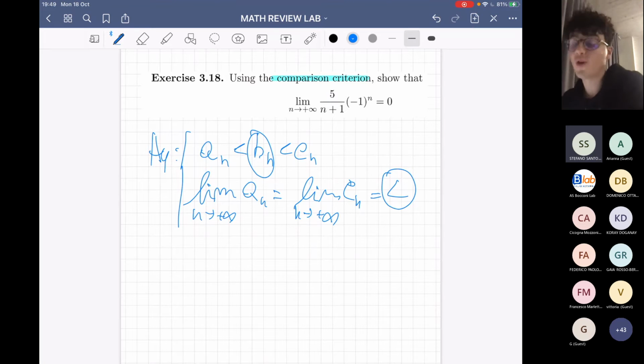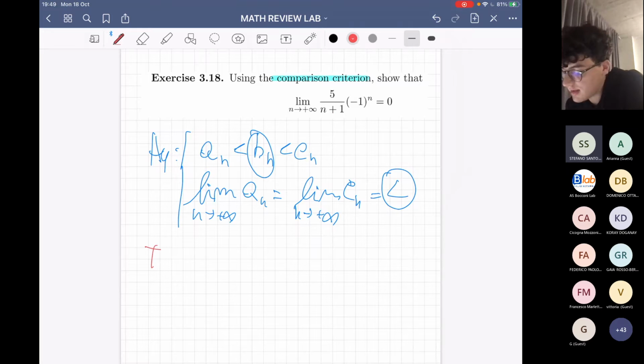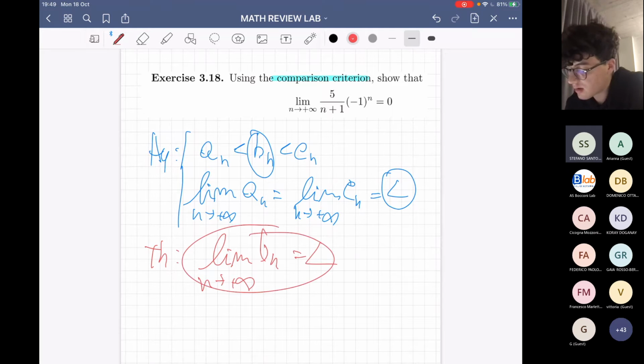But the point is that we arrive at the thesis, that of course the limit as n tends to positive infinity of bn is also equal to L.